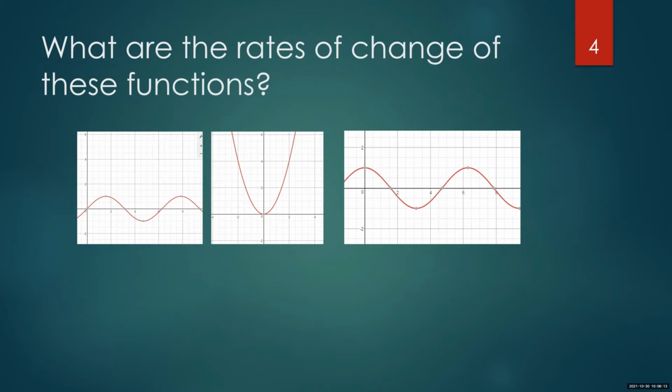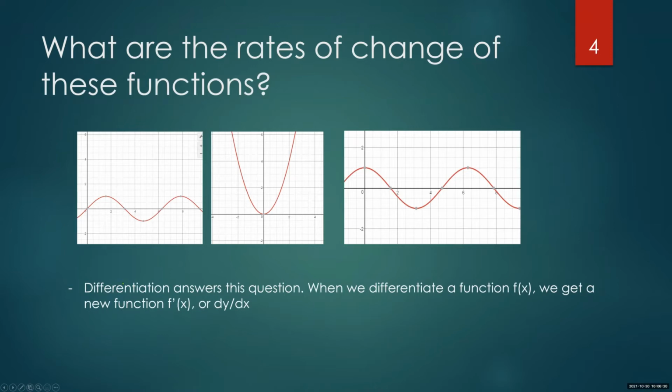However, for lines, determining the slope is fairly simple, but there are other more complex functions, like the ones I've graphed here, where determining the slope is not as easy to do. So we need to figure out a way of doing that, and differentiation is the tool that enables us to do this.